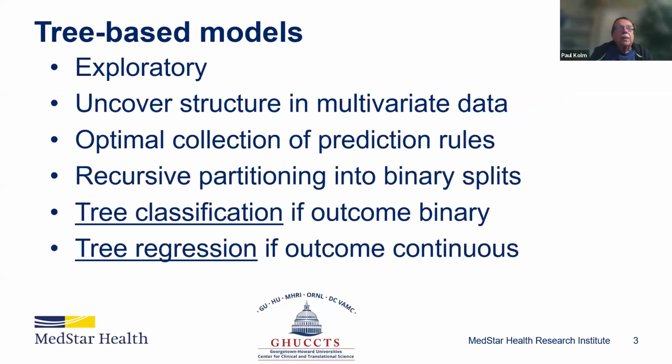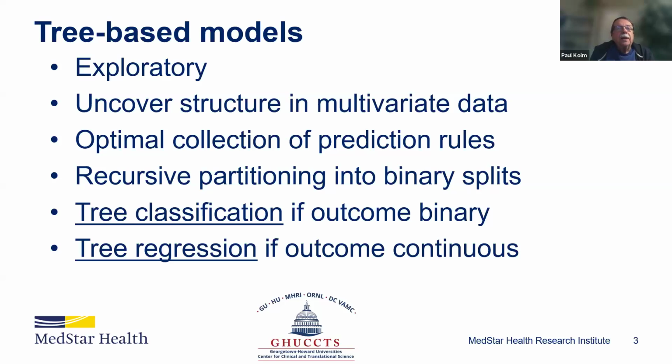So in tree-based models, rather than develop a mathematical model, we're going to do what's called recursive partitioning. It's going to take the data and basically partition it into binary splits.